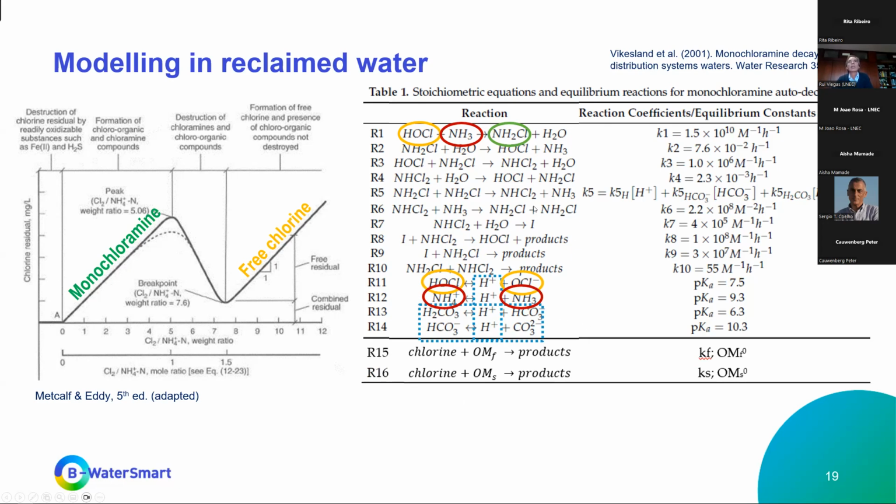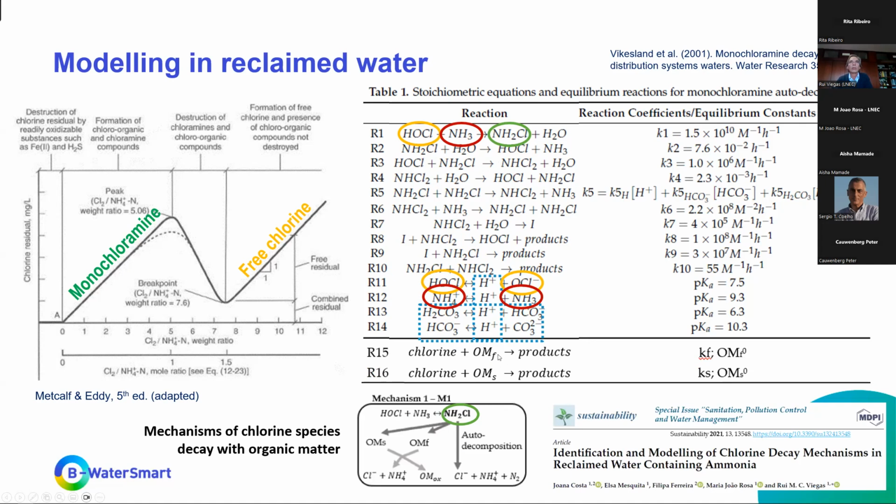Given that we have several chlorinated species here, like free chlorine, monochloramine and dichloramine, we developed a model and published its results, identifying the species that react with the fraction of the organic matter that reacts fast or slowly with chlorine.